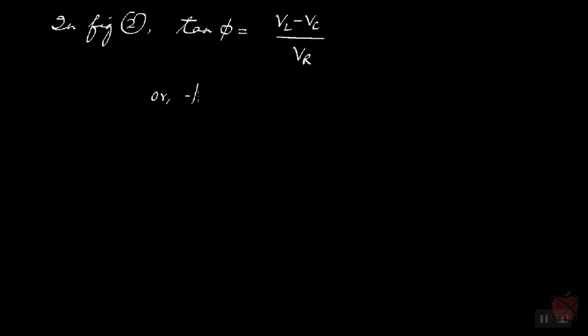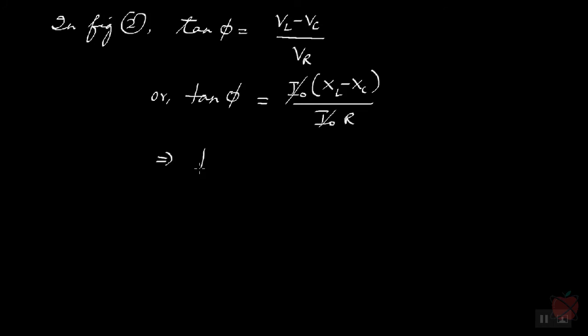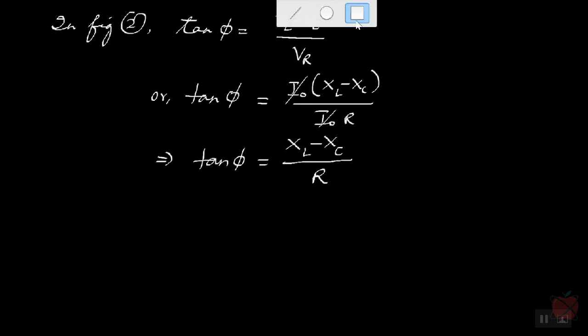Or we can write tan phi is equal to, what is VL minus VC? Is it not I naught (XL minus XC)? And VR here is I naught R. So this I naught and I naught will cancel. So we get tan phi is equal to (XL minus XC) divided by R. Let's put this inside of a box.